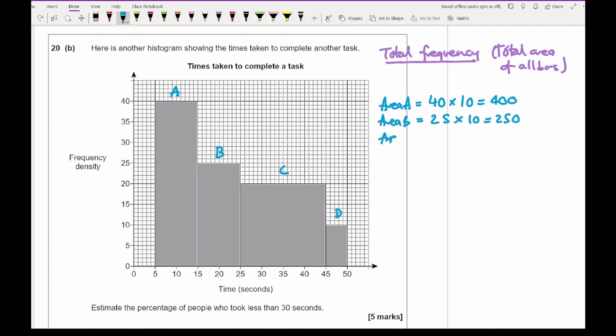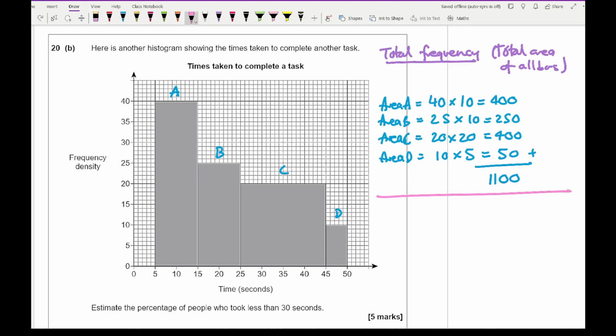I then work out area C, which is 45 take away 25, which is 20, so it's going to be 20 times 20, which is 400. And then area D, which is 10 times 5, which is 50. So if I add the total area up, I get an answer of 1,100.